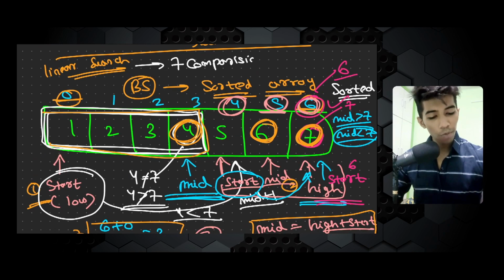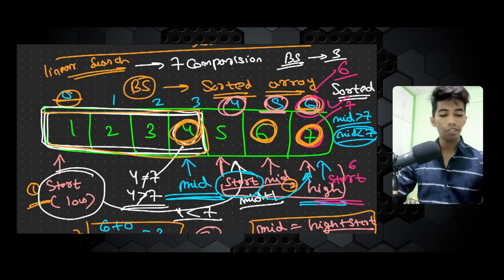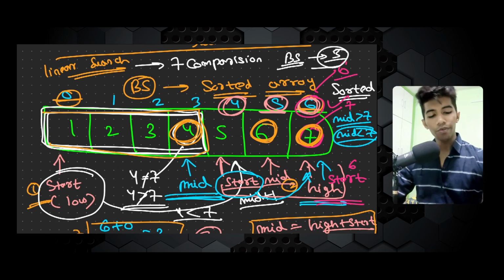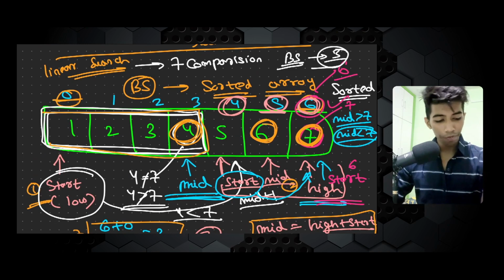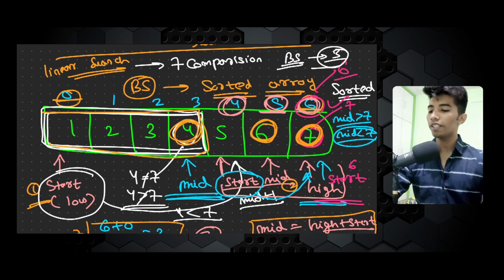But in the binary search I have only made 3 comparisons to get my answer. So this thing is great. I am getting my answer in less than half of the time even. This is the basic crux of a binary search. I hope you understood what the binary search is and how it works.